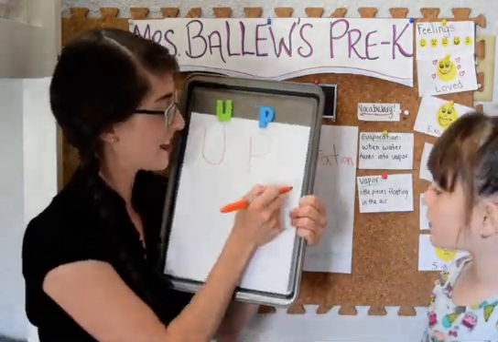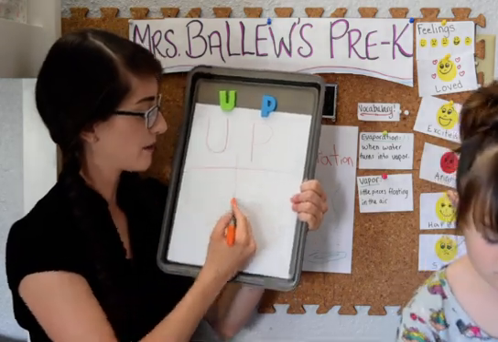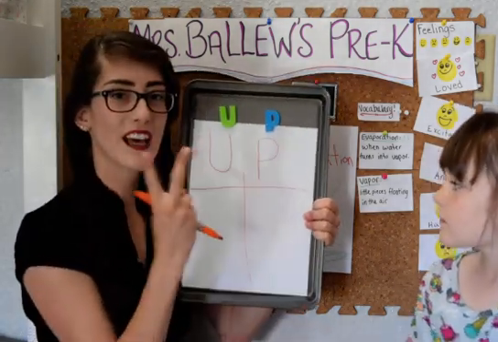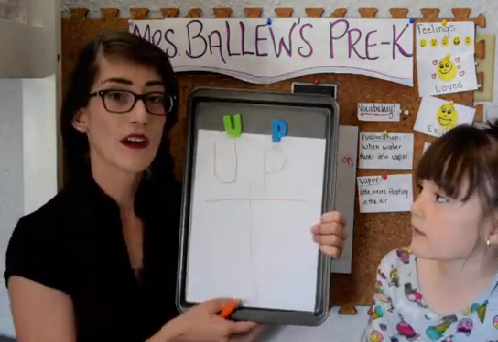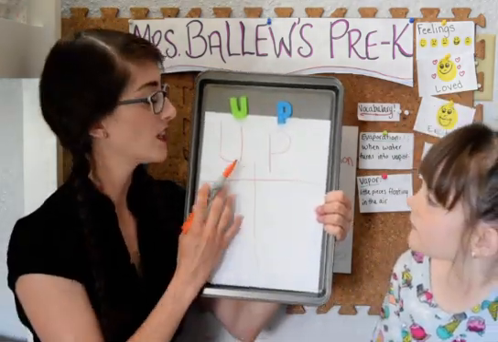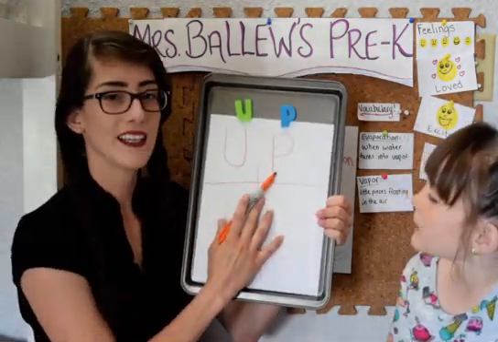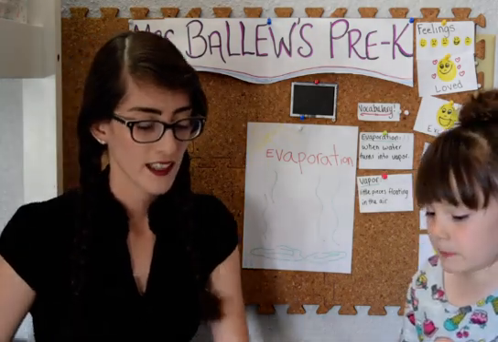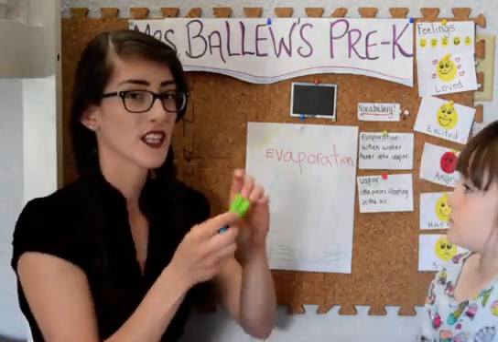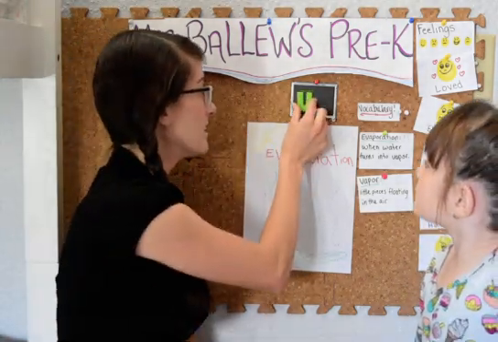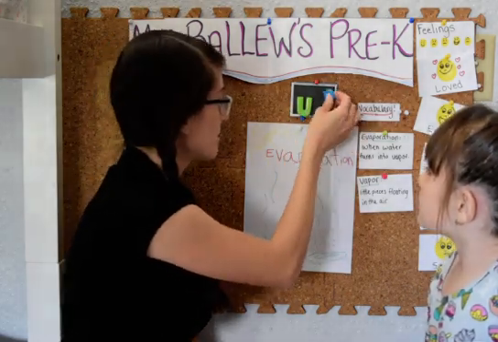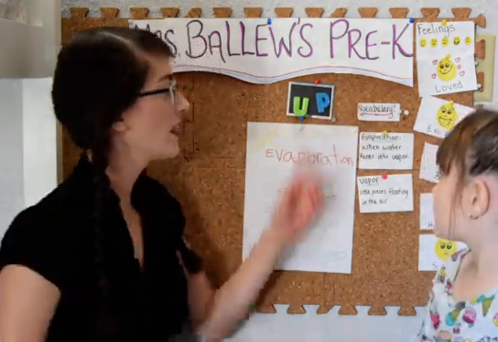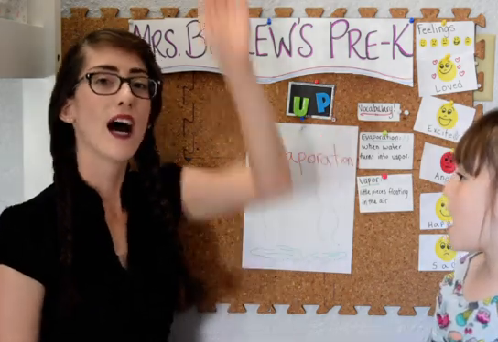Let's draw our line and our column. So you only have 2 letters to look for today. You go around your house looking for the letters U and P. Today we only learned 2 letters, but these 2 letters spelled the word. They spelled the word up.